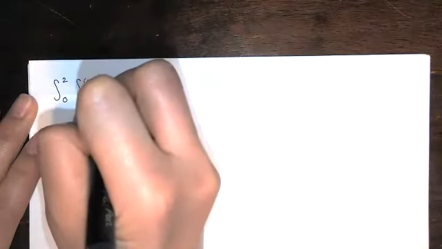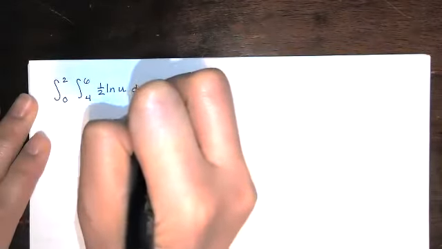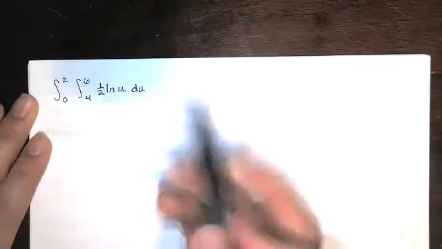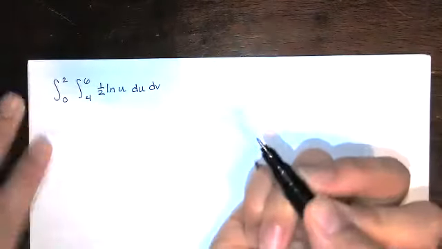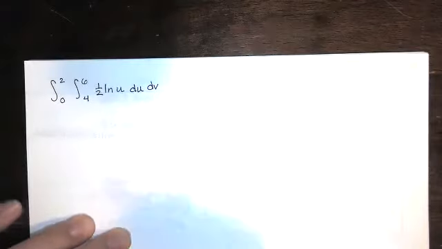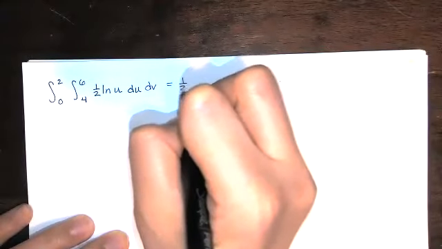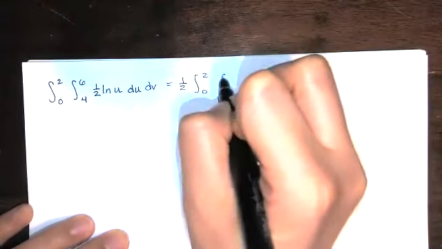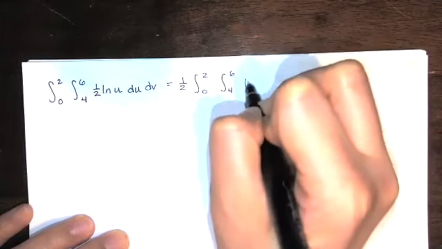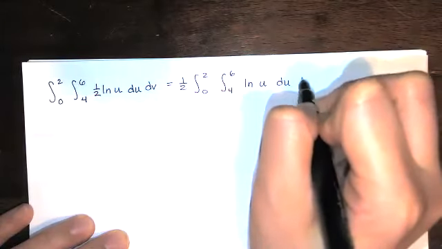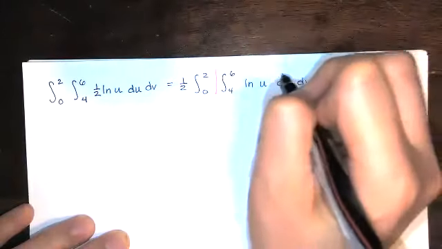Natural log of u times 1/2. Since those are bounds for u, I integrate with respect to u first, and then I integrate with respect to v. And the 1/2 is a constant, so you can pull it out front. Remember how we do this? We start on the inside and we work our way out.